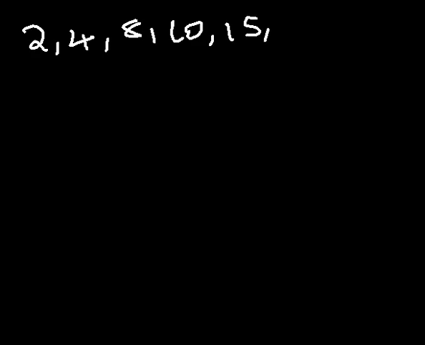Let's say we have the data value given as 2, 4, 8, 10, 15, up to 20. So now, what is the percentile of 8 as the data value? How should you have the percentile of 8 if this is the case?